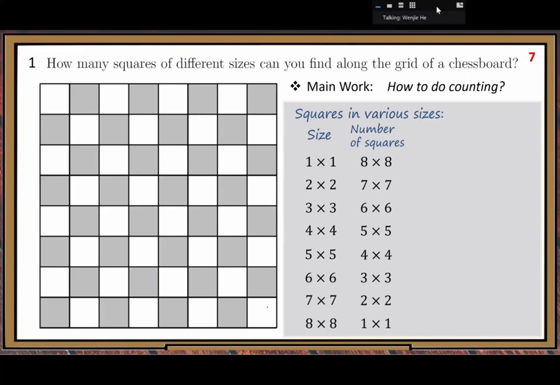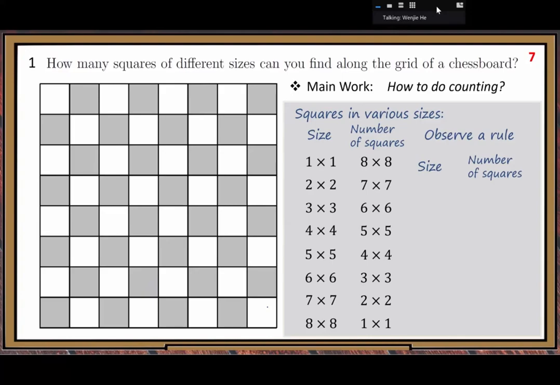The reason I want to introduce a very important concept here is based on this observation. Observe a rule. We have the size number and the number of squares. For the size, 3x3, 4x4, I only take one size number.